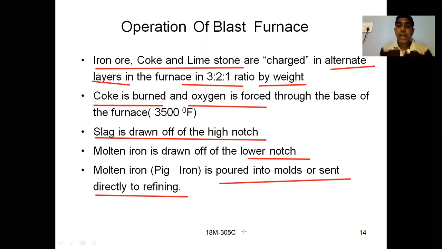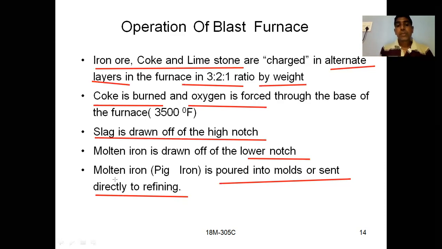Why am I saying this? Whatever pig iron we are going to get from the blast furnace is not suitable for industrial applications, as the properties of the pig iron are not suitable. So for that purpose, we have to send it for further refining. Then only we can use it for industrial applications.